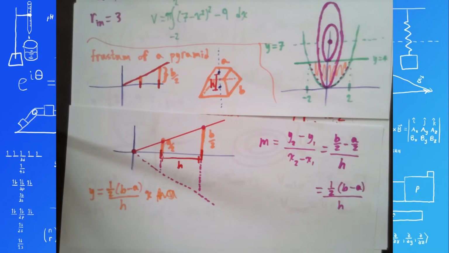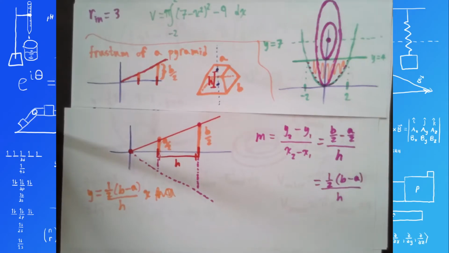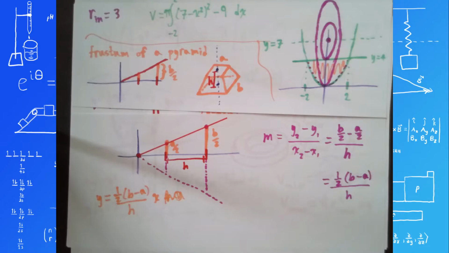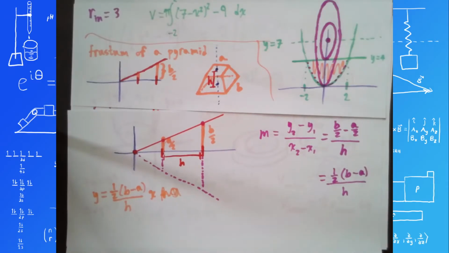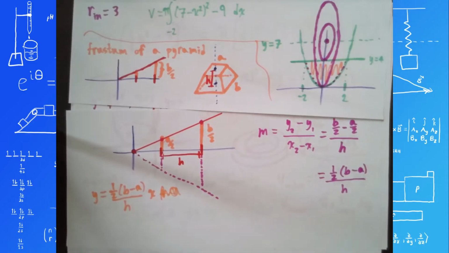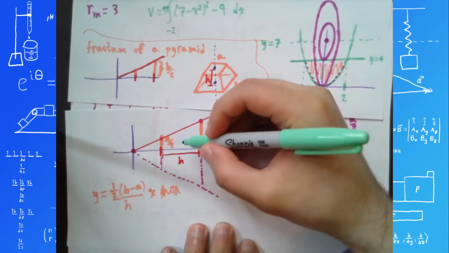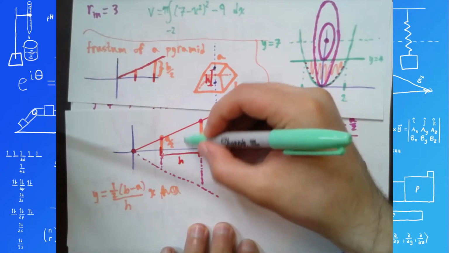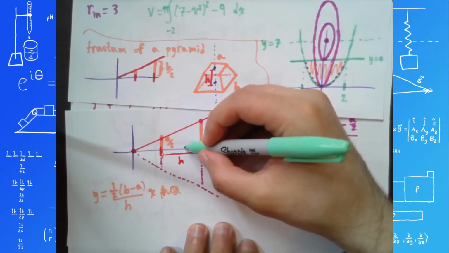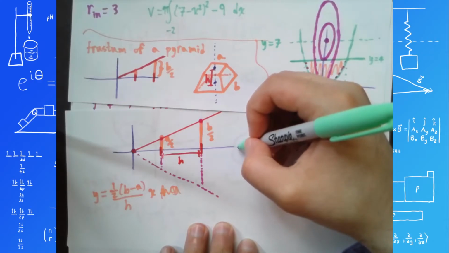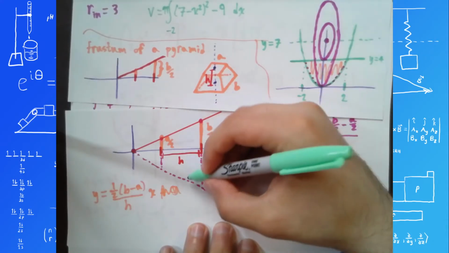Now then, to get volume, what we would do is just take a bunch of cross sections. In this case, our cross sections would have to be squares, and the side lengths of those squares would have to be the distance between this top line and this bottom line, or double the distance between the x-axis and the top line.